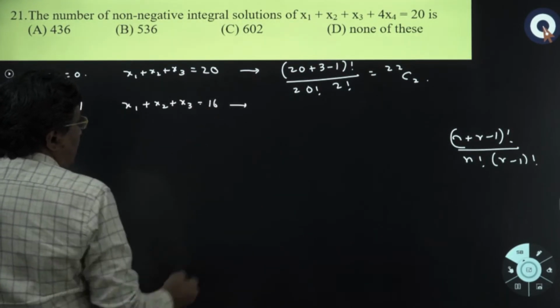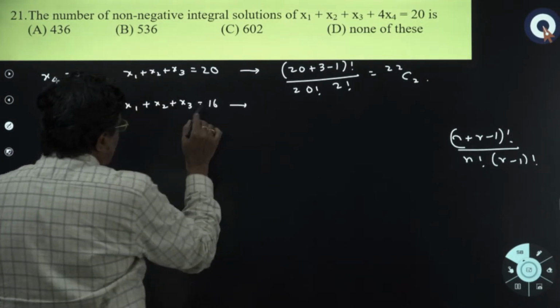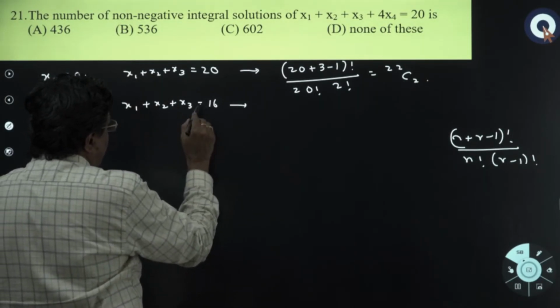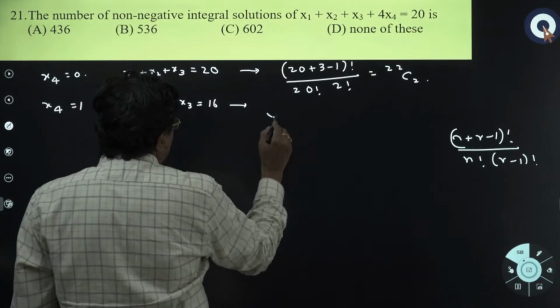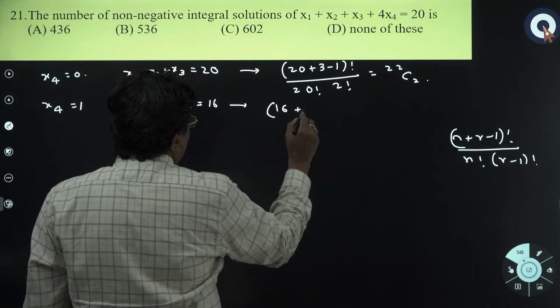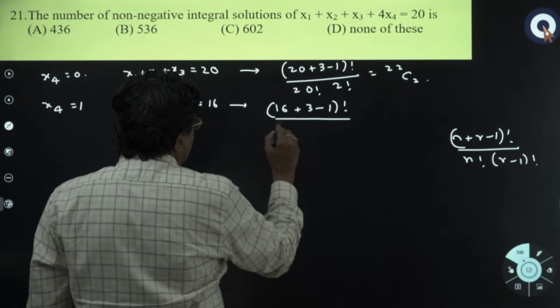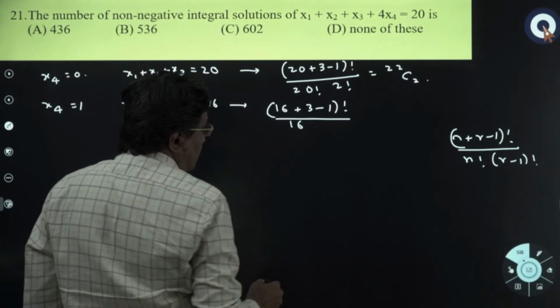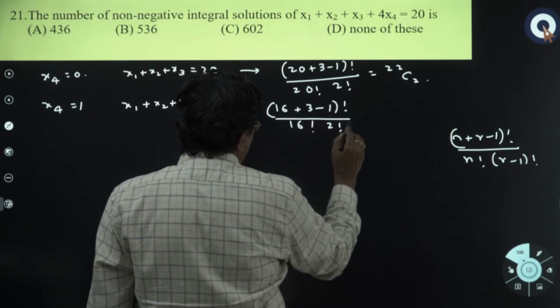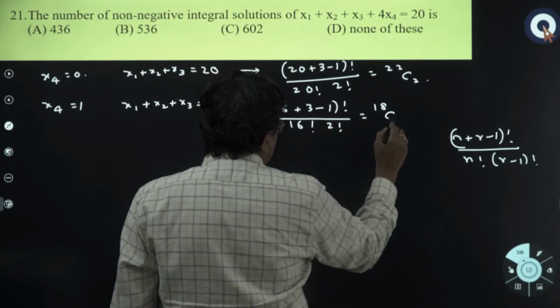In that case, it is the question of distributing 16 identical apples among 3 boys. So that is (16 plus 3 minus 1) factorial by 16 factorial into 2 factorial, which is 18 C2 basically.